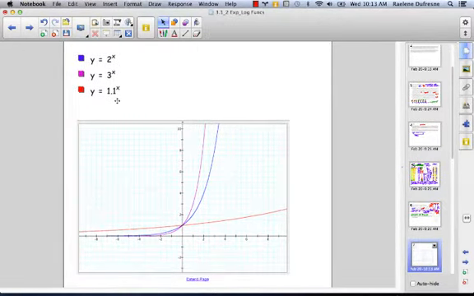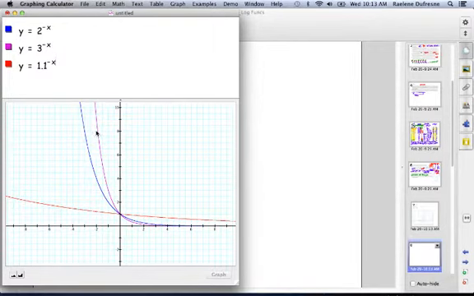So simply by looking at a table of values, we could see how the outputs are affected by having bigger bases or smaller bases. A similar kind of connection would be true for exponential decay. To make exponential decay, I simply need to reciprocate the base or change the sign of x. If we change the sign of x, all of these functions become exponential decay, and we can make a similar statement, but we'd have to be really clear because this base would actually be a base of 1/2.